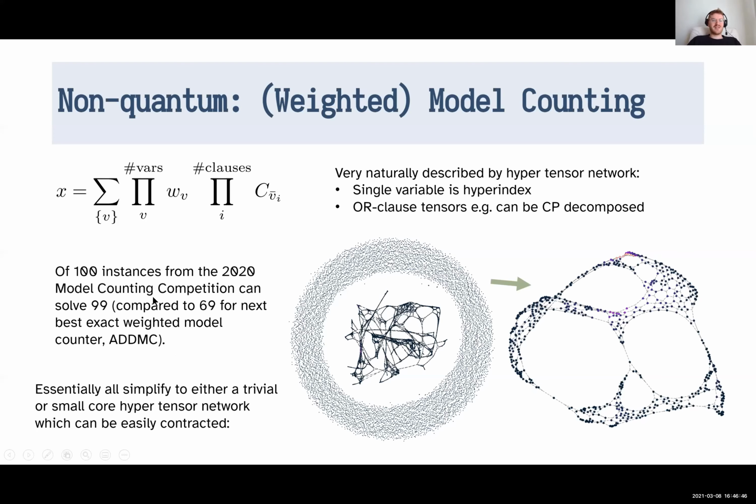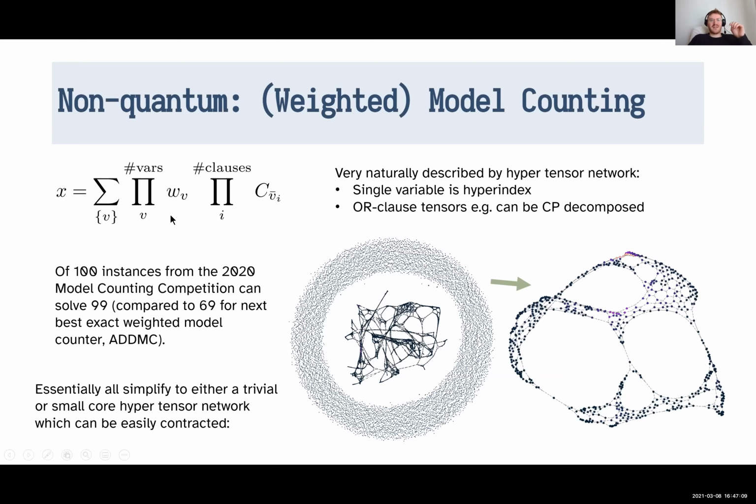And this 99 compares pretty favorably with 69 for the next best competitor in this competition, the ADDMC exact counter, which is in lots of ways state of the art. So this is a surprising result and maybe a promising direction for applying these hypertensor networks.